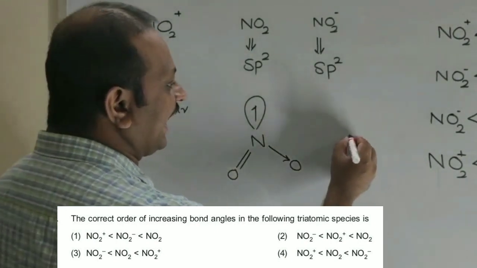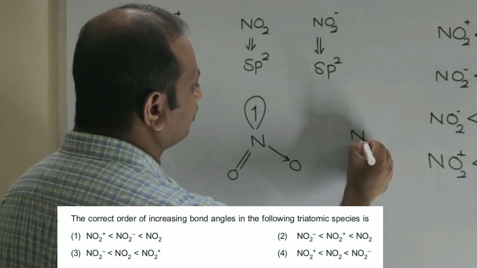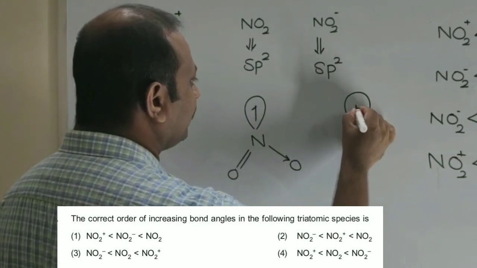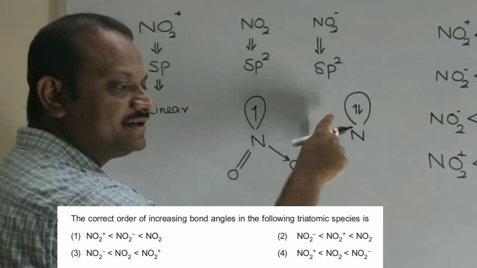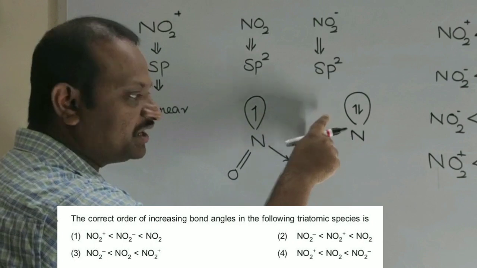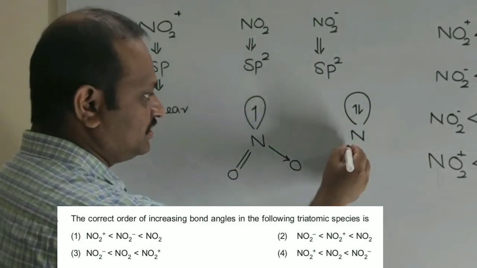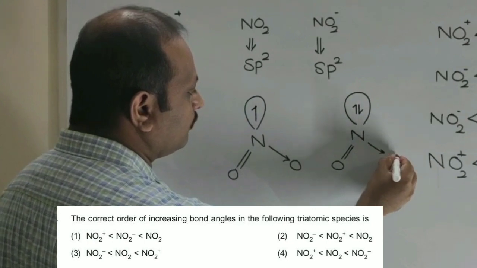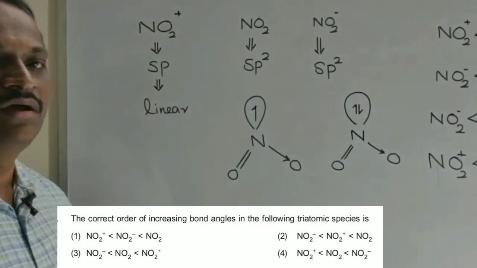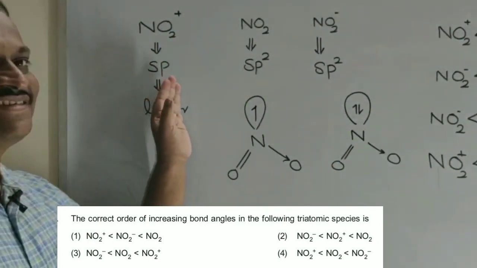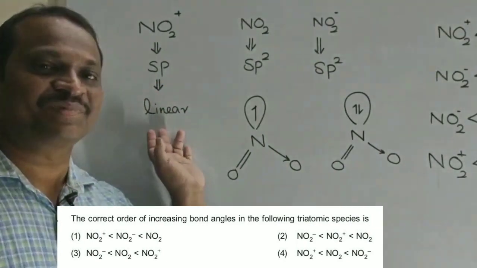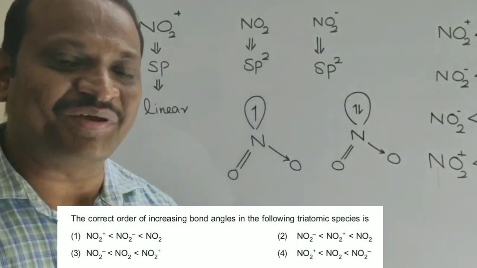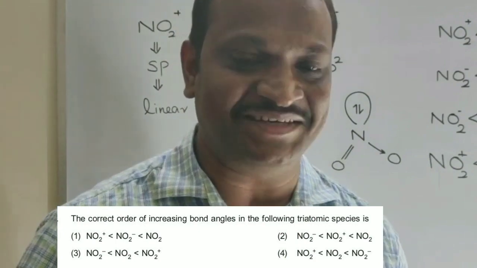And if we talk about NO2 minus, you can see that the prime difference is nothing else. The lone pair is present here, but here only a lone electron is present. So here we have a double bond O and here a coordinate bond O. In this case the hybridization is linear, so linear means bond angle 180.